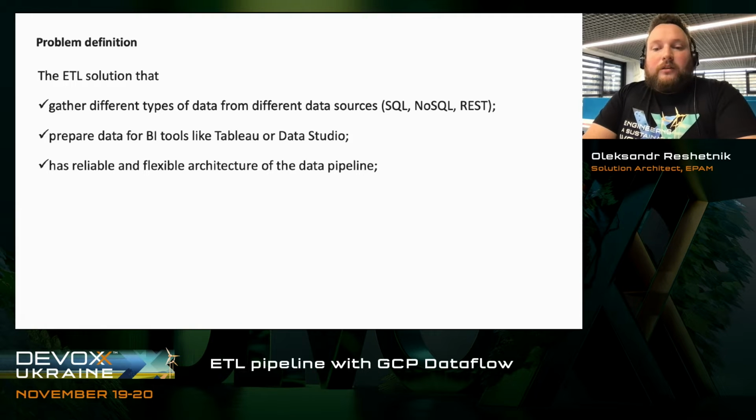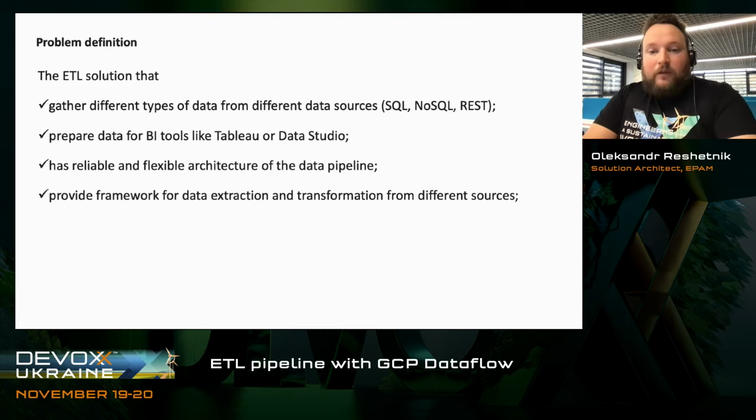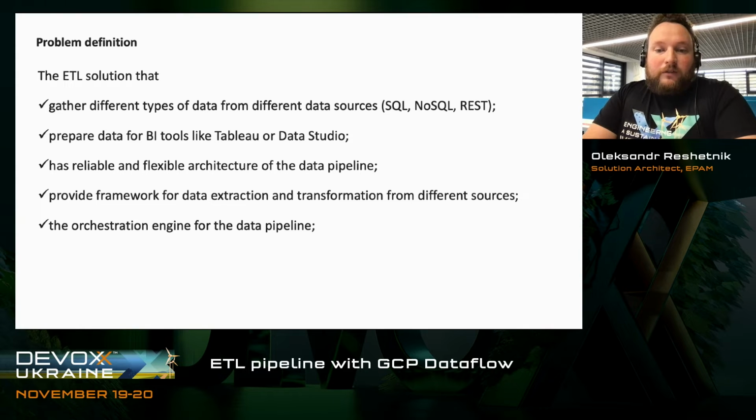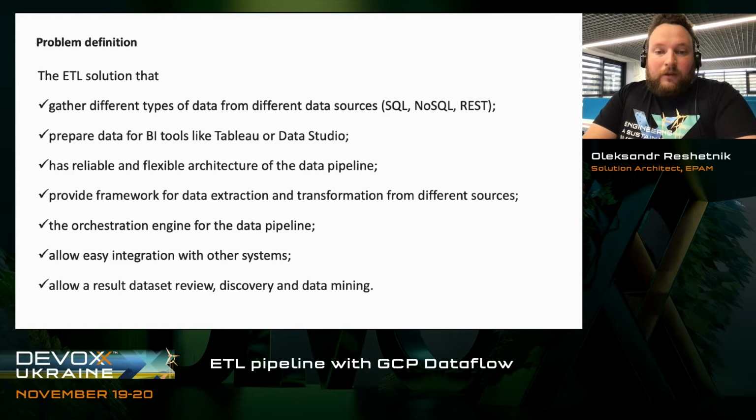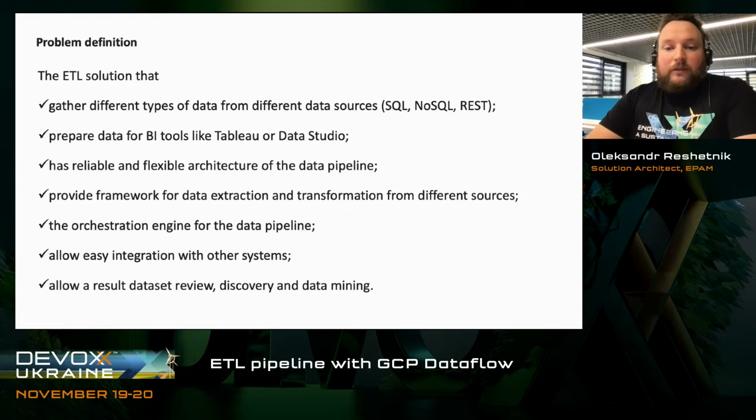Have a reliable and flexible architecture of the data pipeline. Provide a framework for data extraction and transformation from different sources. The orchestration engine for this data pipeline should allow easy integration with other systems and allow result dataset review, discovery, and data mining.